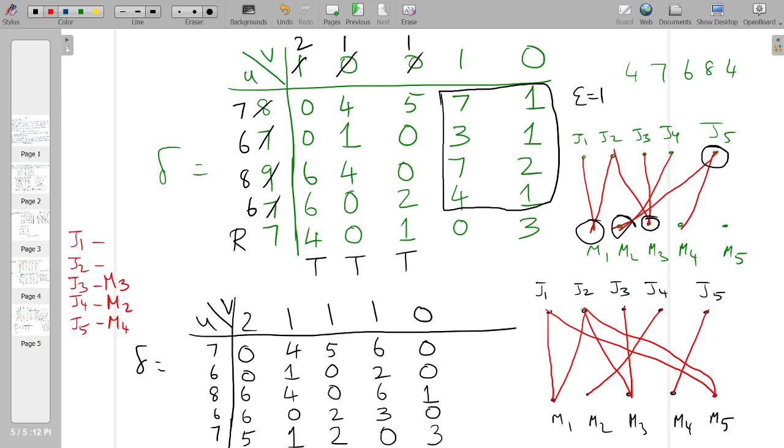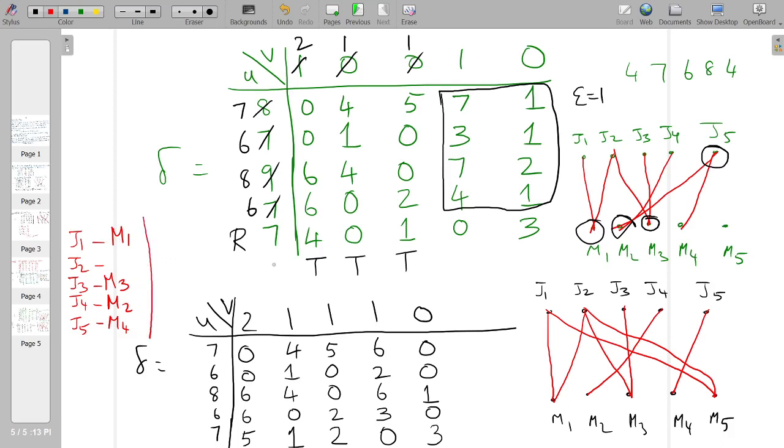Let us see here. J2 can be assigned to M1, M3, M5. So here M3 is already assigned, so you have only two options, M1 or M5. So I will assign M1 to this.